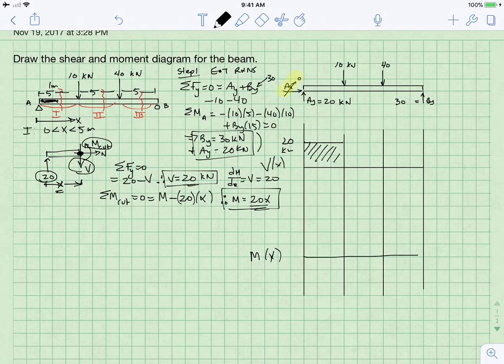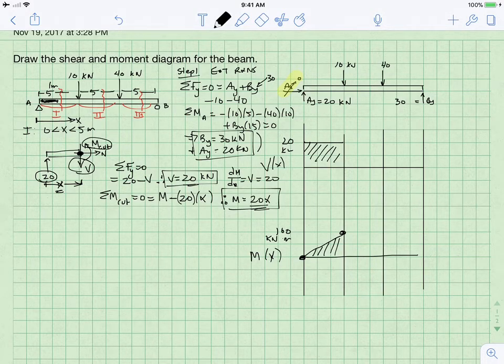We've also found that the moment is 20 times x, so when x is 0, moment will be 0. When x is 5, the moment will be 100. So let's let this value be 100, and what are the units of that? It would be kilonewton meters. And so we have a straight line, so that's what we have so far in region 1.